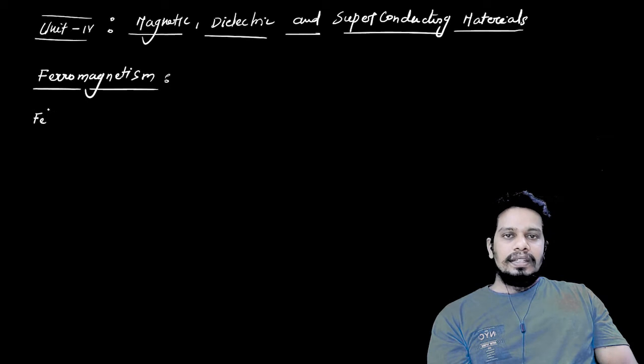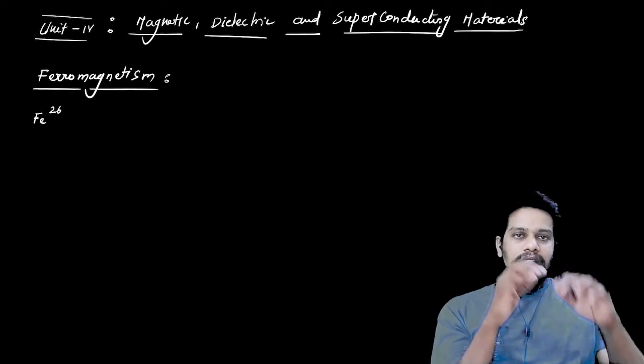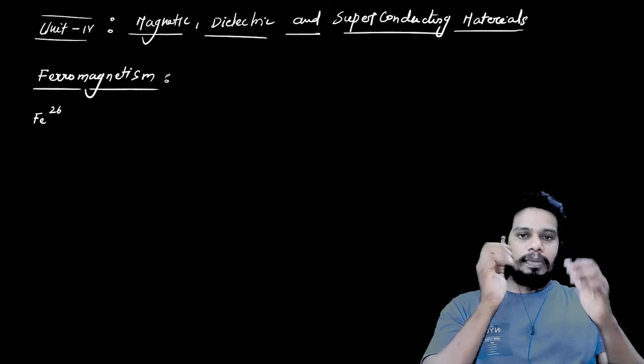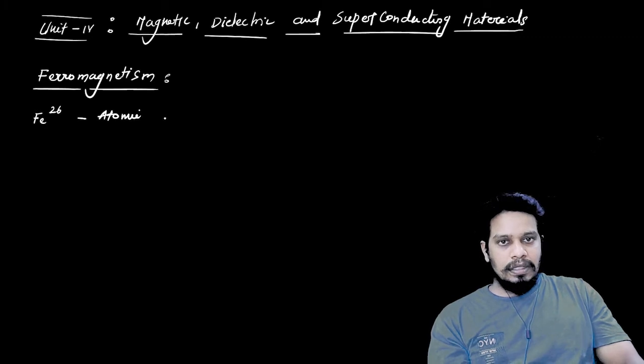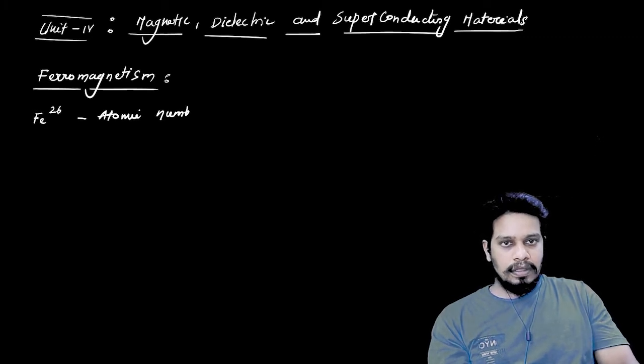Iron has 26 electrons. That means the atomic number of iron is equal to 26.